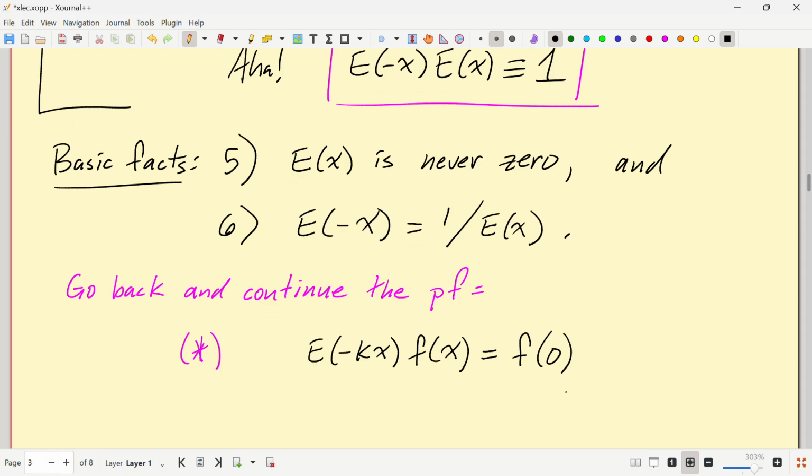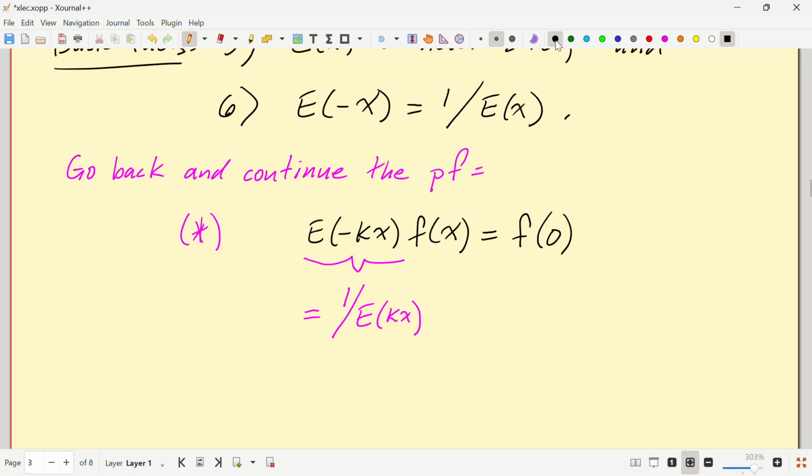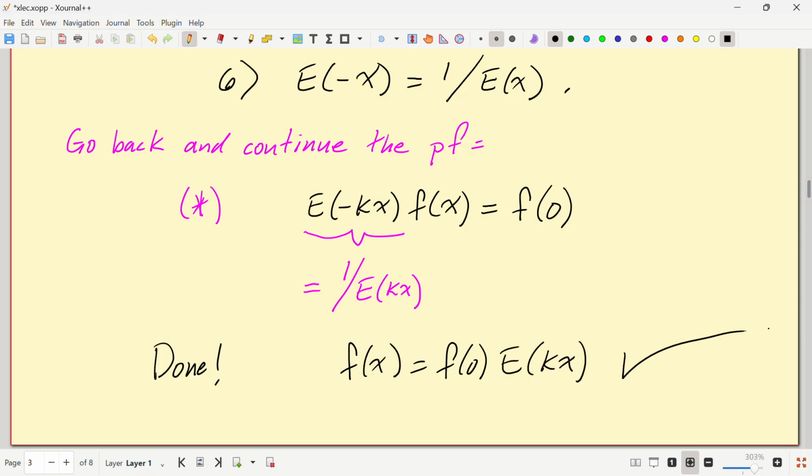And now I know that 1 over e to the minus kx is 1 over e to the kx. And so now I'm done. I get that f of x is equal to f of 0 times e to the kx. Check.